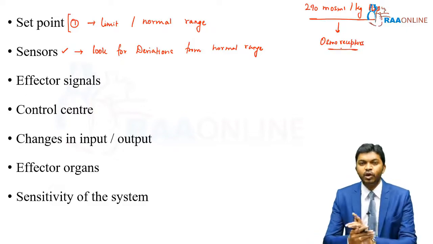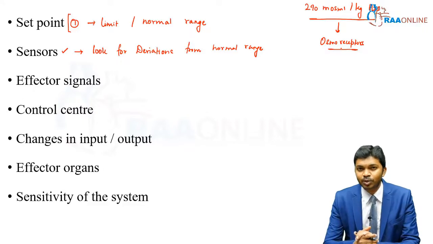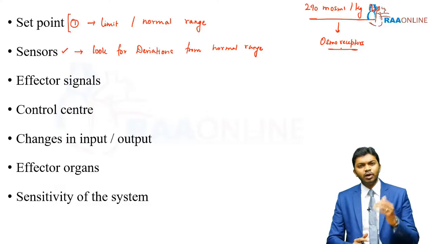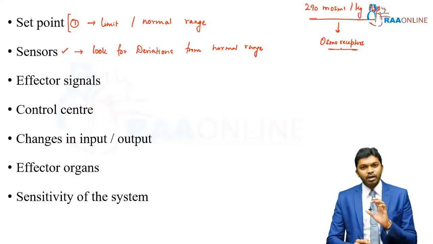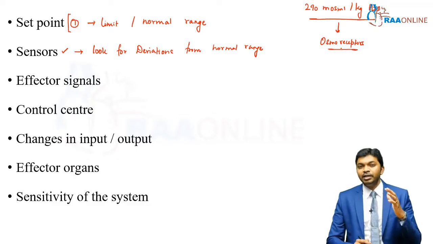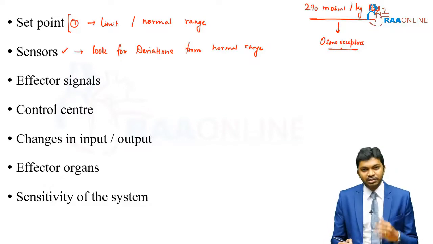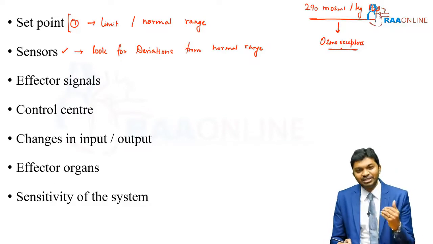In the hypothalamus, we have a nucleus called the organum vasculosum lamina terminalis, which is essentially involved in sensing osmolality. So we have receptors, which are nothing but sensors, that keep monitoring the interstitial fluid parameters. Got it? So you know what a set point is, the range, and you know what a sensor is.